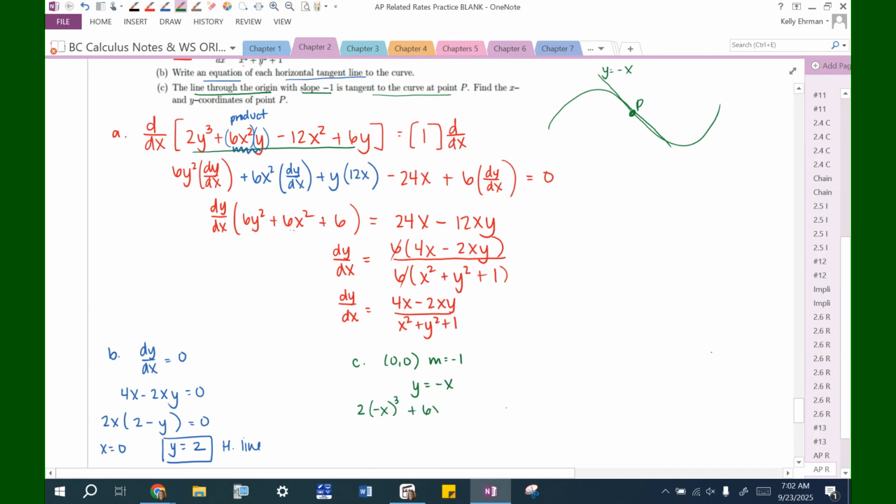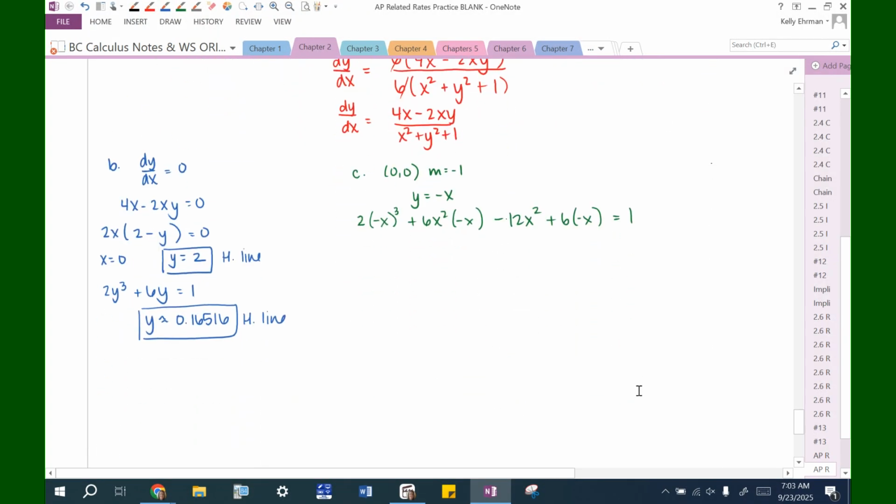So plus 6x squared instead of times y times -x. So I'm plugging this into the original curve so that I can figure out the x coordinate. And once I know the x, I will know the y because y is -x. Minus 12x squared plus 6 times y, but instead of y, -x. And remember, this is equal to 1.